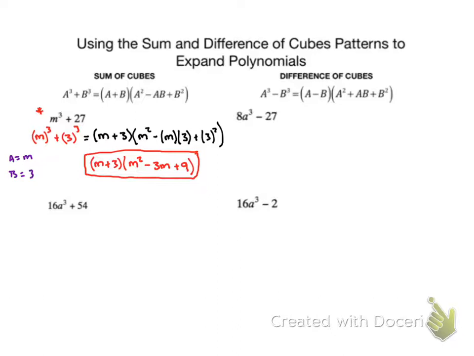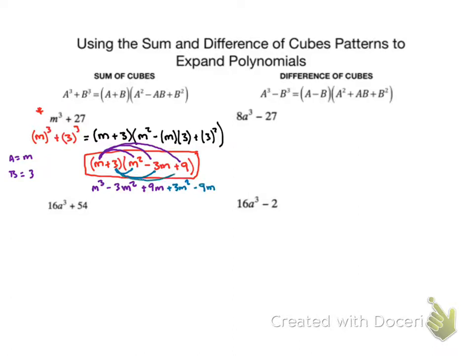And again, if you always want to check your work, you've got m times m squared, that's m cubed. And I'll erase this after I write it out. M times negative 3m is negative 3m squared. M times 9 is plus 9m. 3 times m squared is plus 3m squared. 3 times negative 3m is negative 9m.